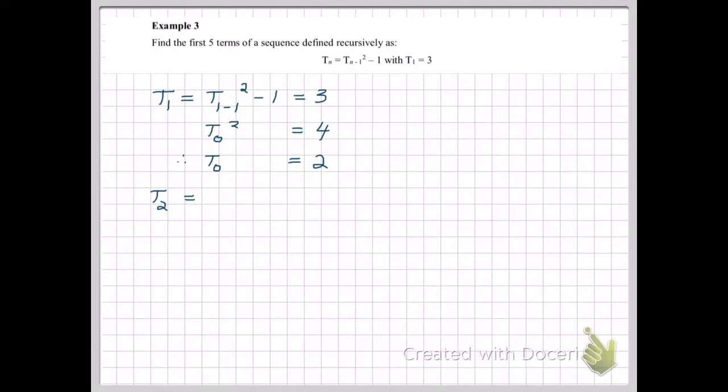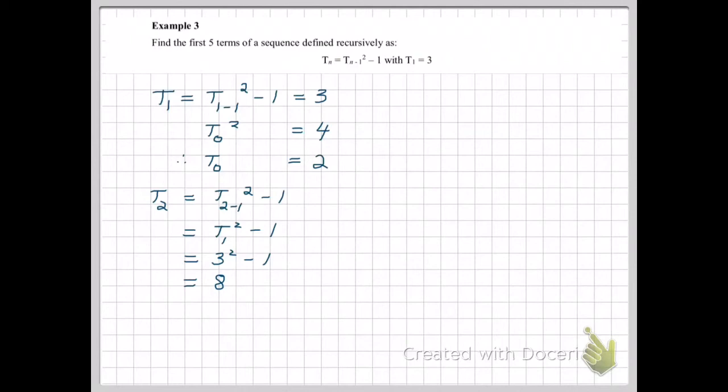t2, again substitute n into the sequence, and that's t(2 minus 1) squared minus 1, which of course is just the first term squared minus 1. Now you can see there that the second term is the previous term squared minus 1. We know that t1 is 3, so t2 must be 8.